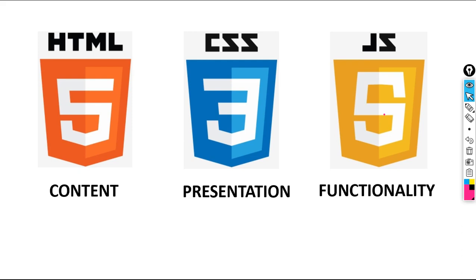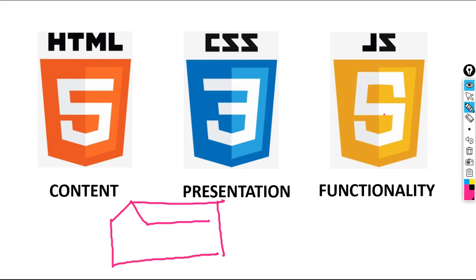Let me help you to understand these three things with one layman language example. Suppose I am going to build one house. So suppose this is my house. I have built this house with the help of cement and iron.